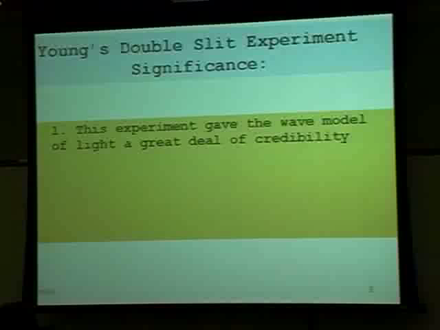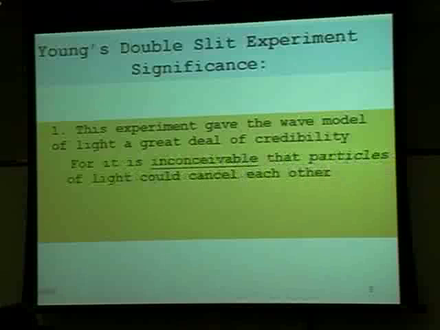Young's double slit experiment. Significance. This experiment gave the wave model some credibility because it's inconceivable that particles of light could cancel each other. If you treat light as a particle, each of them being an energy bundle, then in physics it's inconceivable that a bundle of energy could cancel out and you'd have nothing afterwards.